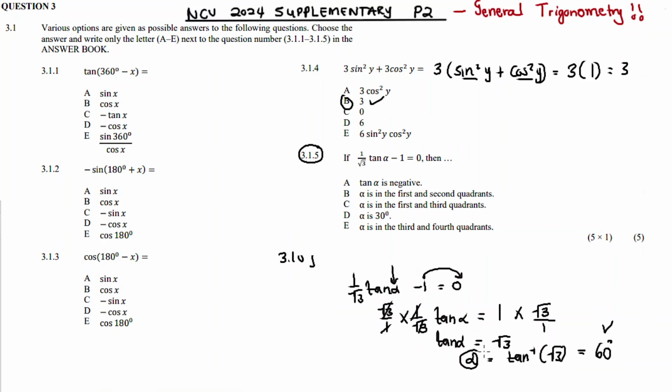When solving trigonometric equations, you're always going to look at the value that is equivalent to the trigonometric ratio in question. So I have tan alpha equal to some value here, and the sign of this value is positive.